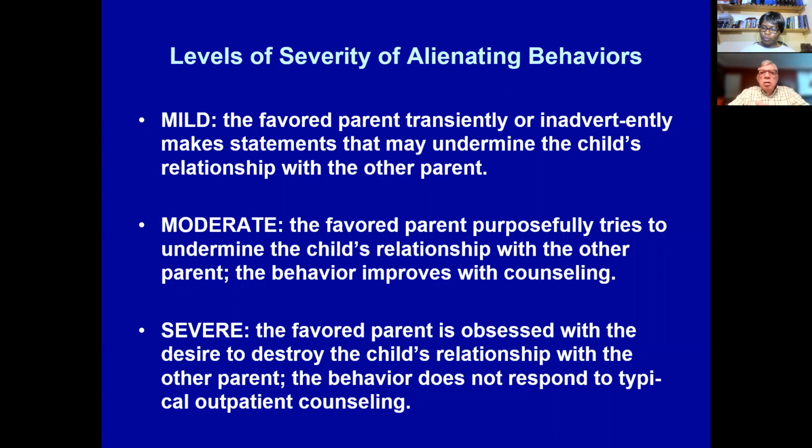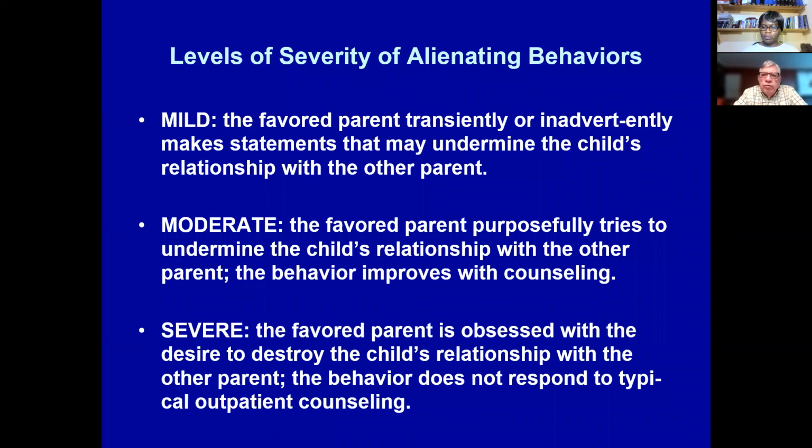And mild is that the parent might just do something transiently or accidentally, says something that might undermine the child's relationship with the other parent, but he or she doesn't do it persistently. And if they're given guidance by a psychologist or a counselor, then they stop doing it because they realize that it's not appropriate to do that.